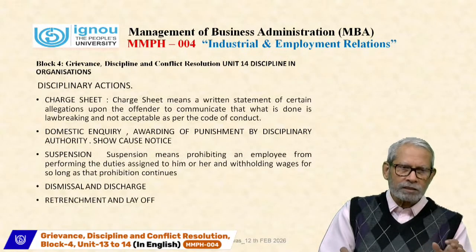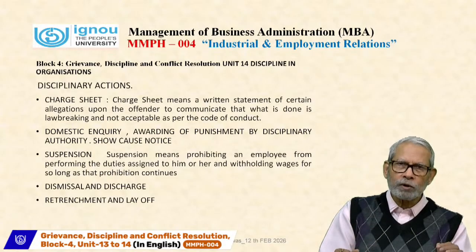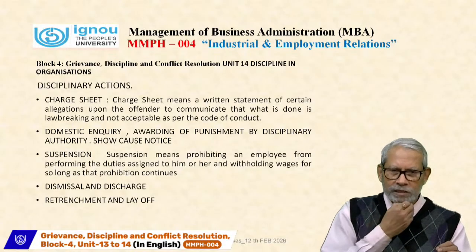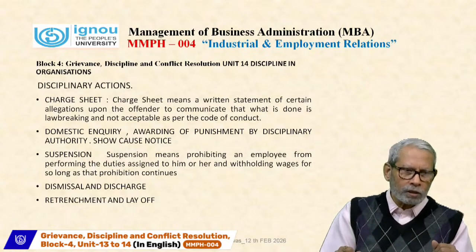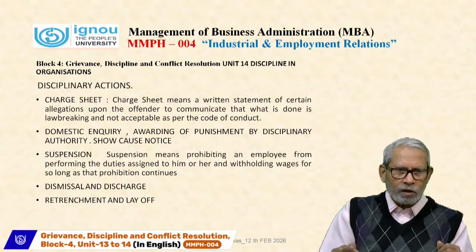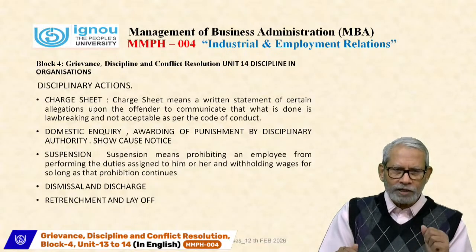Some of the actions: the charge sheet. Suppose you are issuing one, the charge sheet means a written statement of the allegations against the offender, to communicate what was done, that it is law breaking and not acceptable as per the code of conduct.